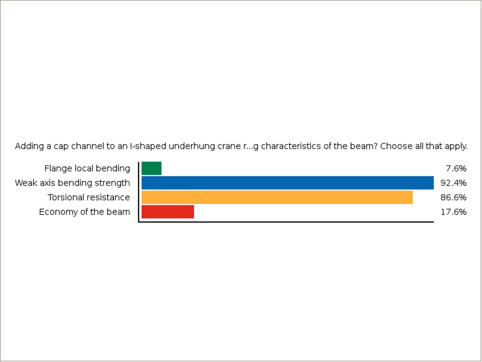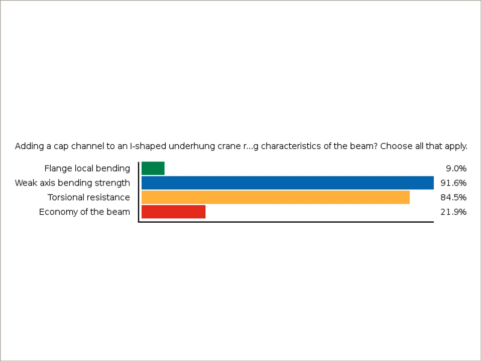Okay, Luke, let's skip to the results here. It looks like almost everyone selected weak axis bending strength and torsional resistance. And about 21% of people said economy of the beam. Can you comment on that one? Yeah, the economy of the beam, that's kind of a trick question, Christina.